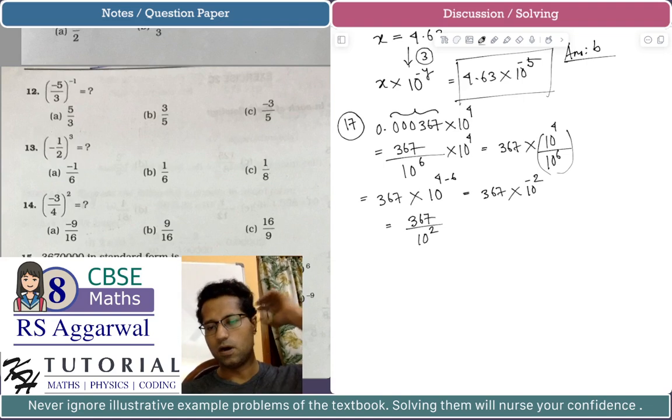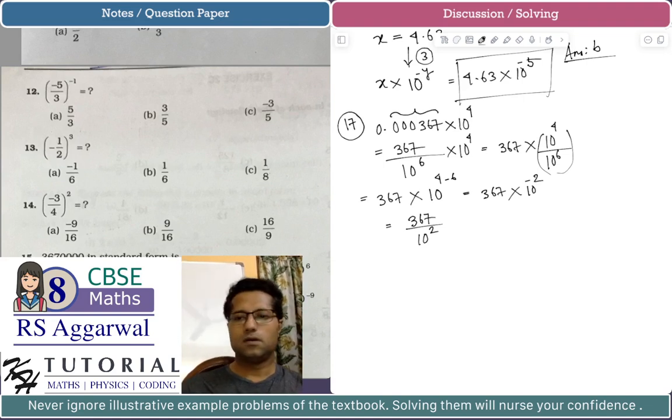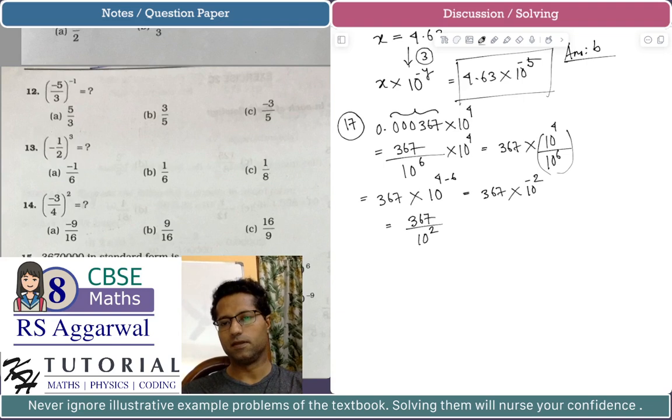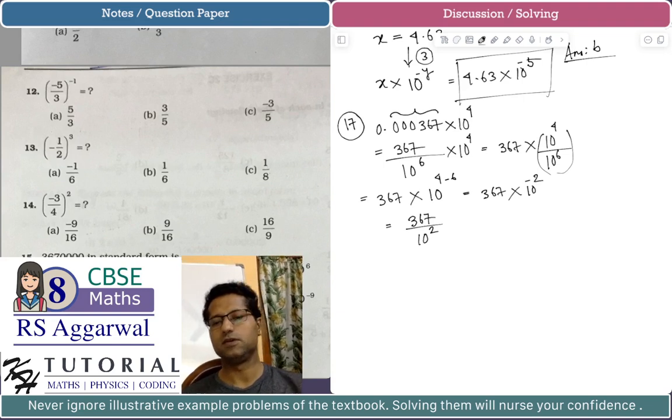Now you know how you divide a decimal number by some power of 10. We are dividing the number 367 by 10 squared. The power is 2, so we shift the decimal point in the numerator 2 places to the left.